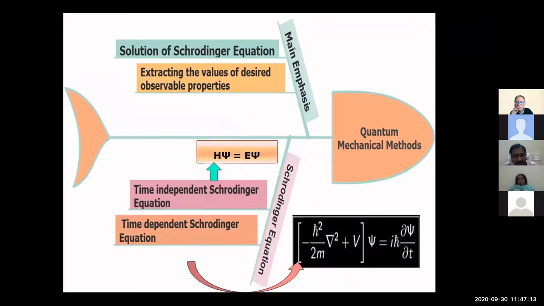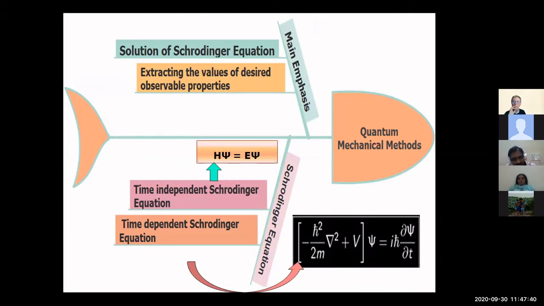In quantum mechanical methods, the emphasis is on solution of the Schrodinger equation, as we all know, in order to obtain the wave function psi, which is called the storehouse of information. The emphasis is also on extracting values of desired observable properties of the system at hand.